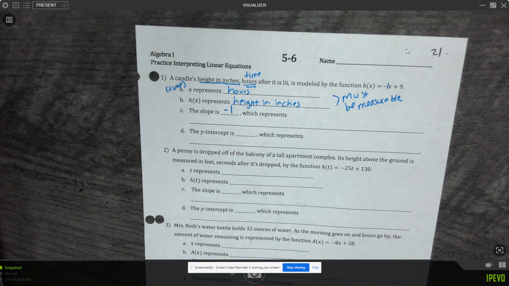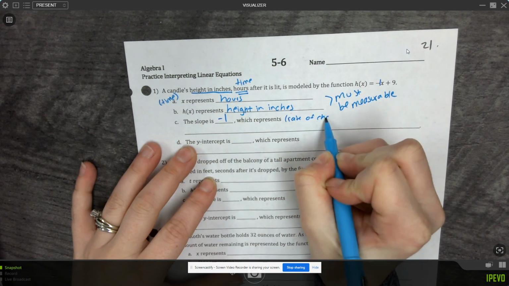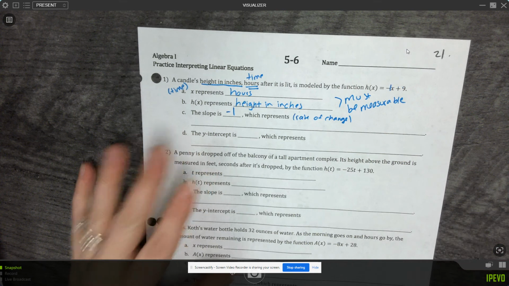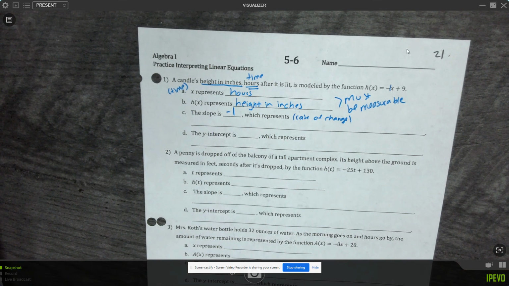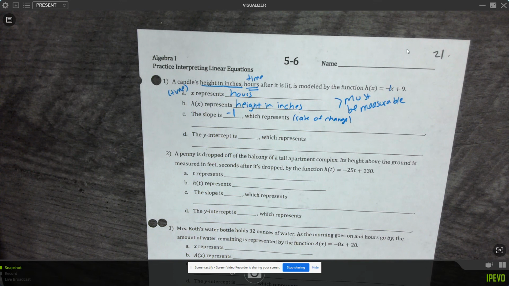And what does it represent? Well, slope is a rate of change. A rate of change is telling you how something has changed over time. So your negative is going to tell you that something is happening in a downward direction. And you're going to be specific on this problem. What's happening?